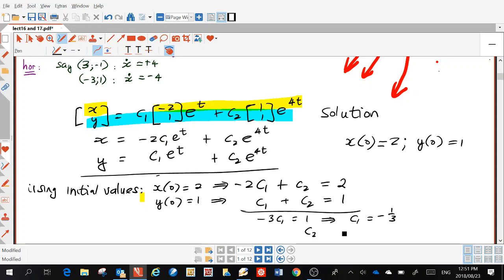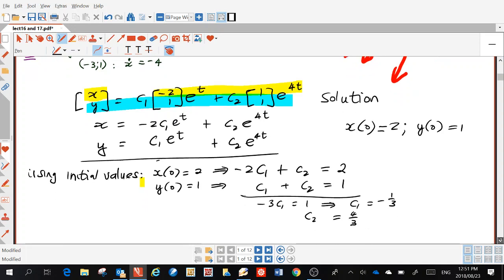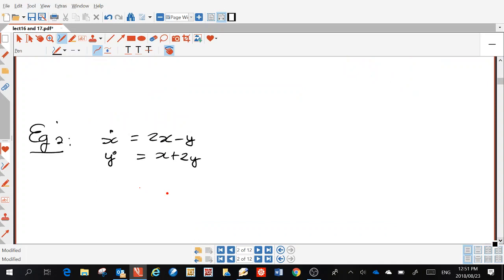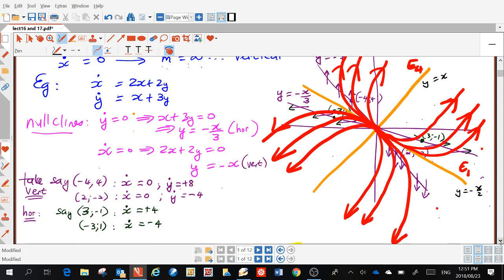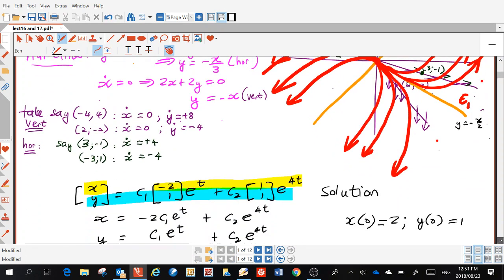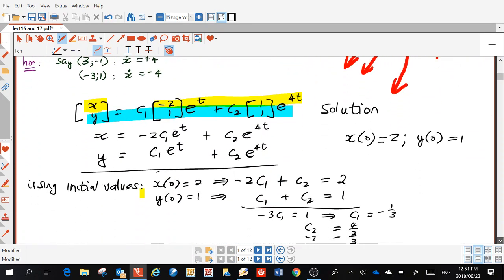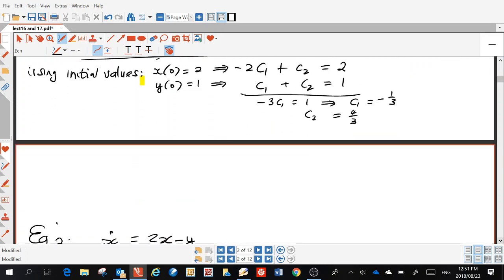And so c2 will be 1 minus 1/3, which is 4/3. So I've got the c1 and c2 fixed up.